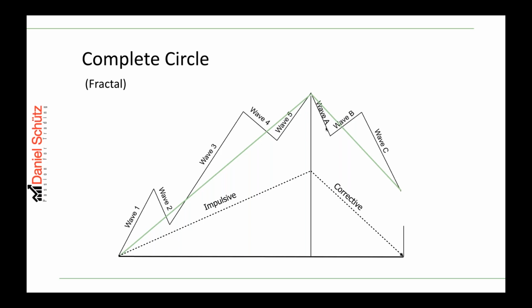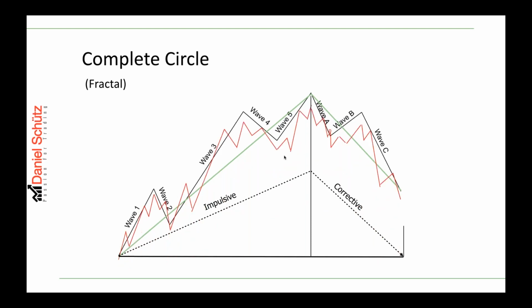And on that impulse, there follows the correction. That's a correction wave A, as an impulse. Then the correction of the correction, that's the wave B. And then wave C as another impulse wave.